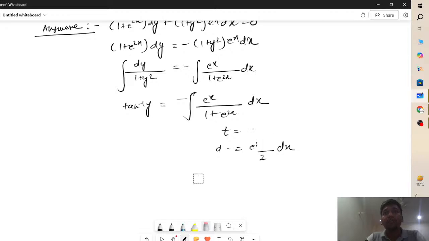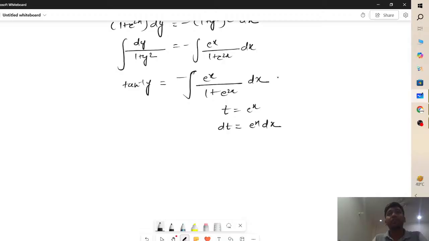We assume t equals e^x, else we will not get the question solved. So we let t equals e^x. Then we differentiate both the sides with respect to x. We get dt equals e^x dx.